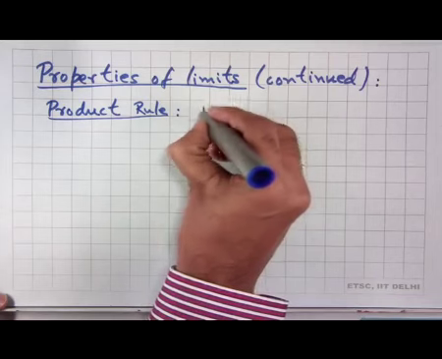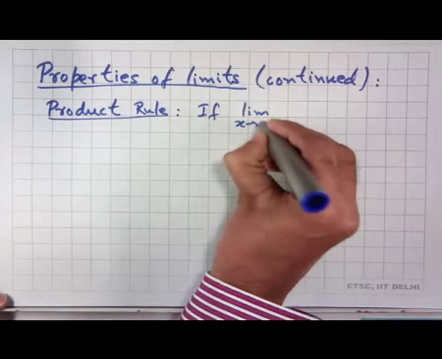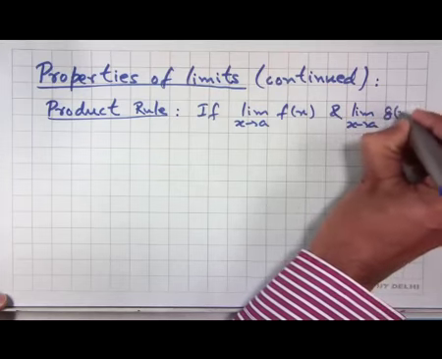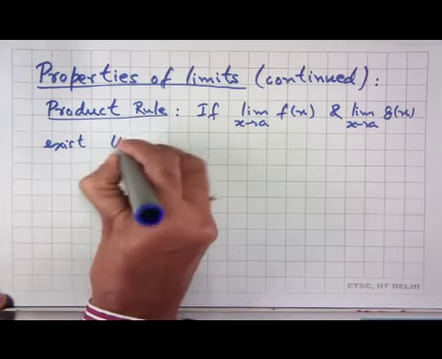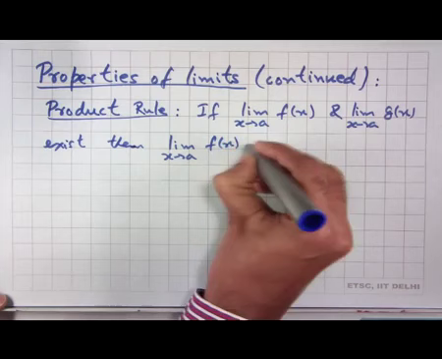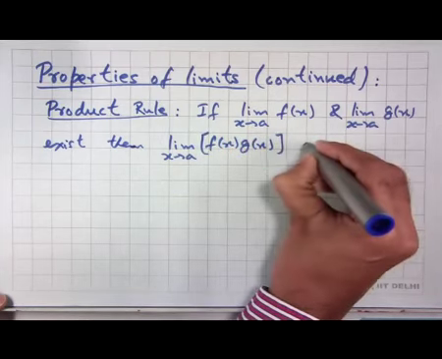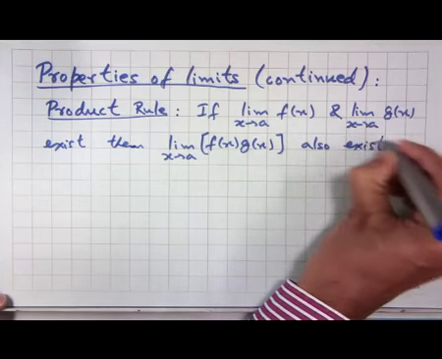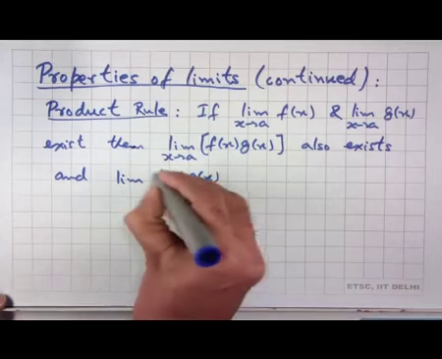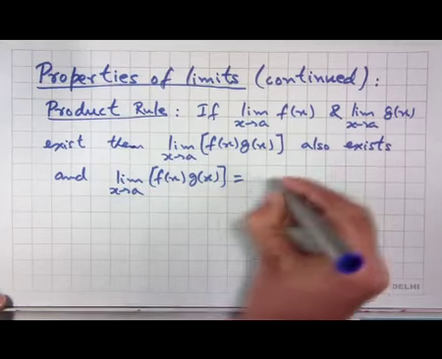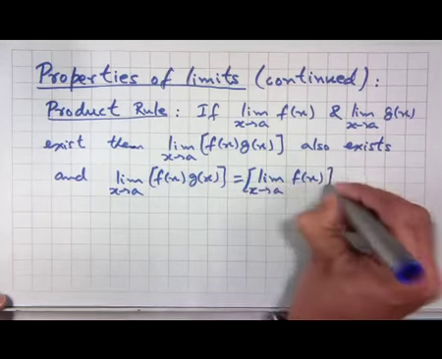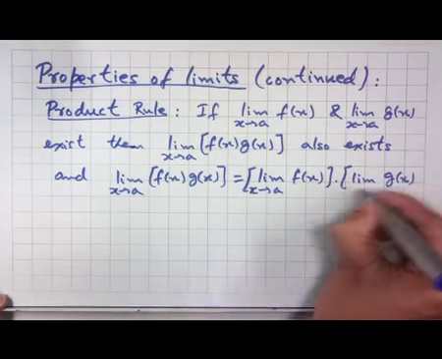So, this simply says that if limit of x going to a of f of x and limit of x going to a of g of x exist, then the limit of the product function f x times g x also exists, and the limit of the product is equal to the product of the limits, this times limit of g of x as x goes to a.